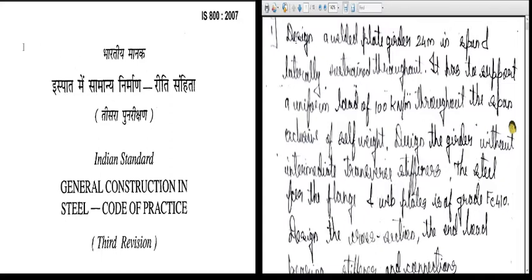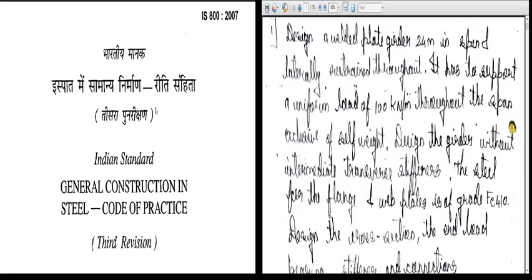So let us see. The question is: design a welded plate girder. The plate girder is welded, that means the connection is to be provided by welding. Design a welded plate girder 24 meters in span, that means the length is 24 meters, and laterally restrained throughout.